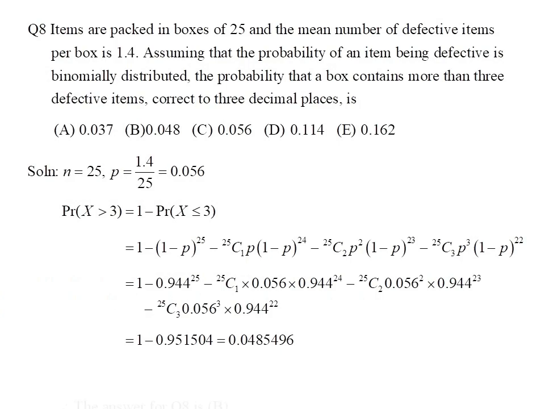According to the 5 given choices, the correct answer for question 8 is B.